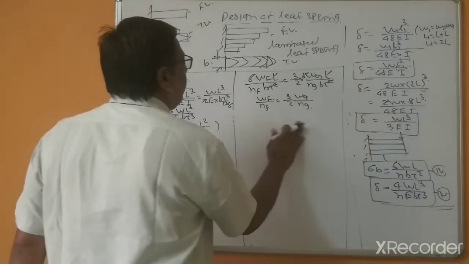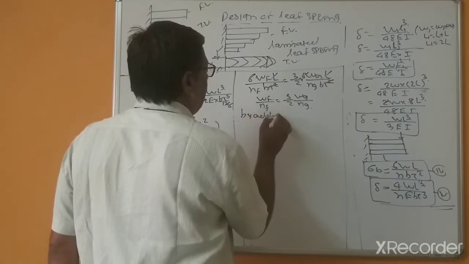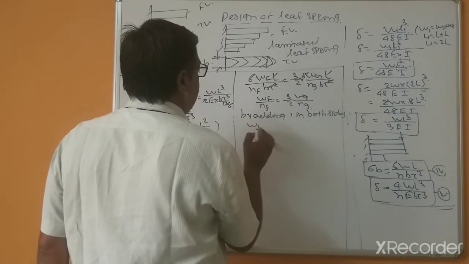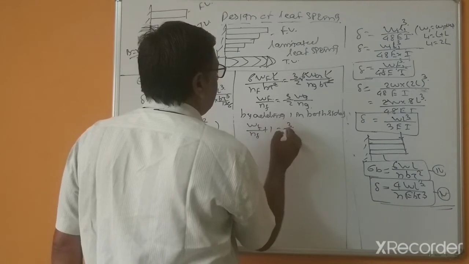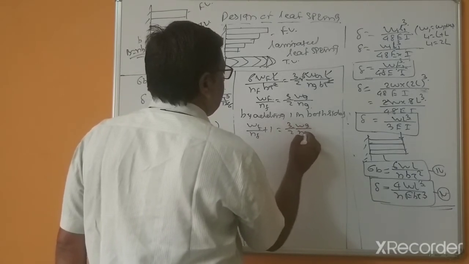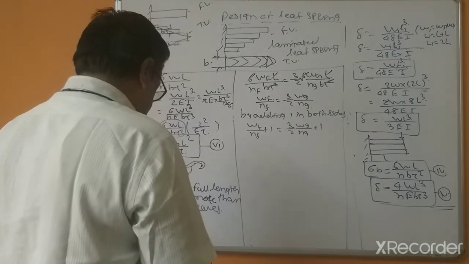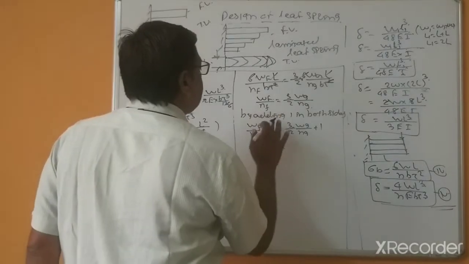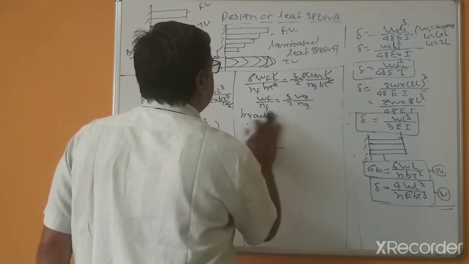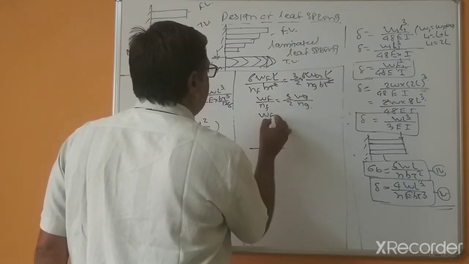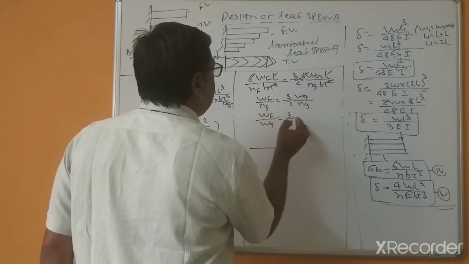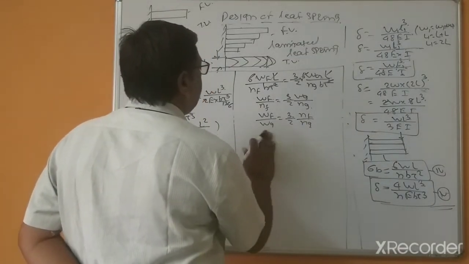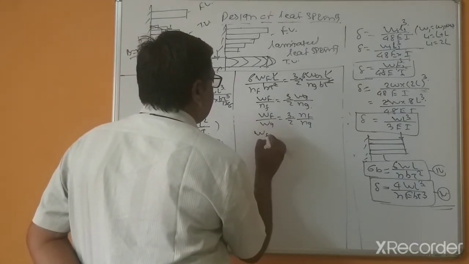Now adding 1 on both sides, this is more convenient to solve. So WF divided by WG equal to 3 by 2 NF divided by NG.